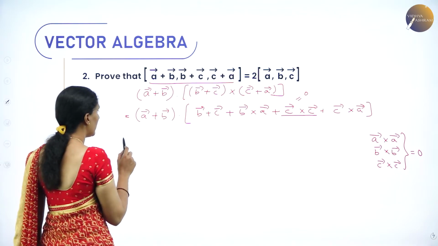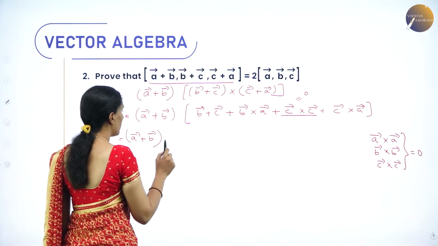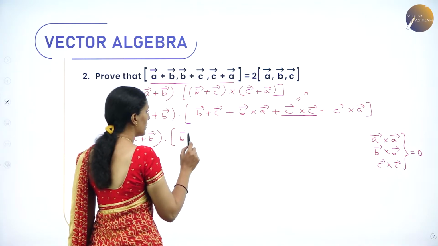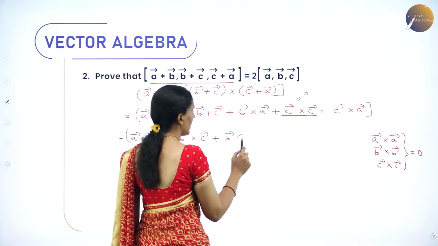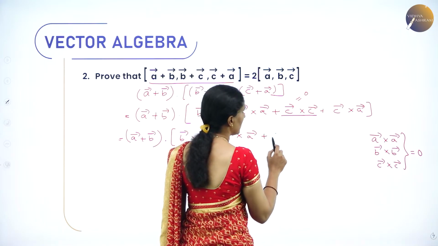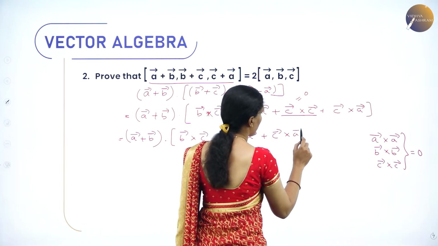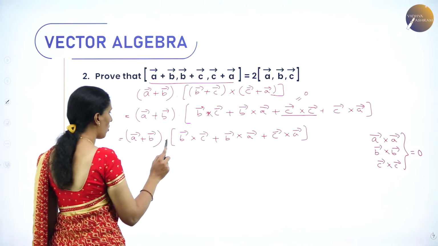Next, here it becomes vector A plus vector B dot, we are left with B cross C plus B cross A, and plus C cross A. Now multiply vector A, then this becomes dot here.